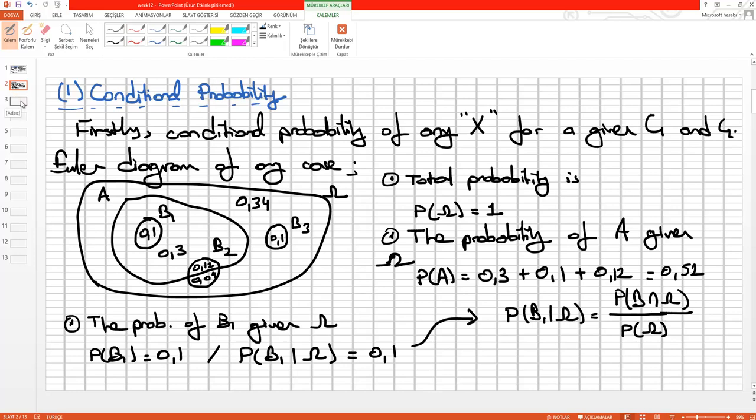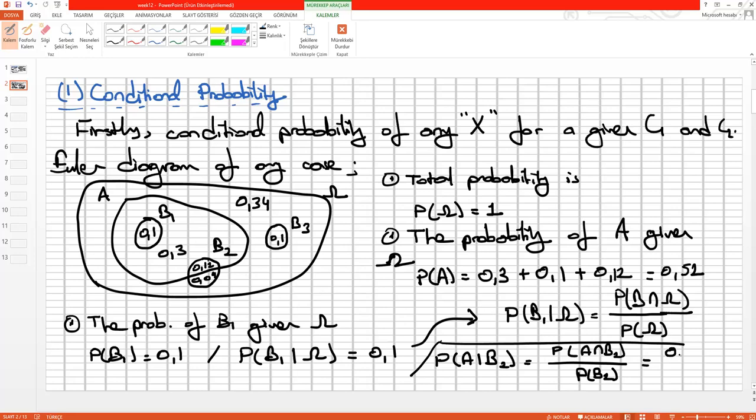or we can write that in here P A given B2 means that P A intersection B2 divided by P B2, right? And so A contains the whole B1 data, which means, or B2 data. Okay, and so if we have the B2 data in A, this still represents 0.12.